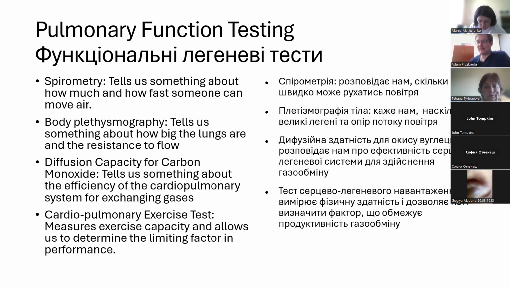And then finally, the last kind of big thing that we do in the pulmonary function lab is cardiopulmonary exercise testing, which is a fairly remarkable test that measures exercise capacity, total oxygen consumption, VO2 max, and you can really identify the limiting factor in exercise, cardiac versus pulmonary versus metabolic, et cetera. So it's a very useful test in certain circumstances.